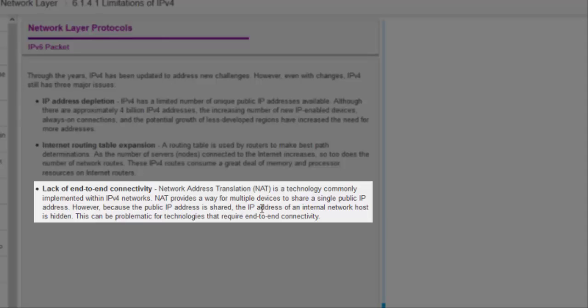That really creates some kind of hidden nodes from the internet. In other words, our local hosts inside our houses will become really hidden from any external node on the internet. So there is a complete isolation of the end-to-end connectivity for the hosts that use network address translation.